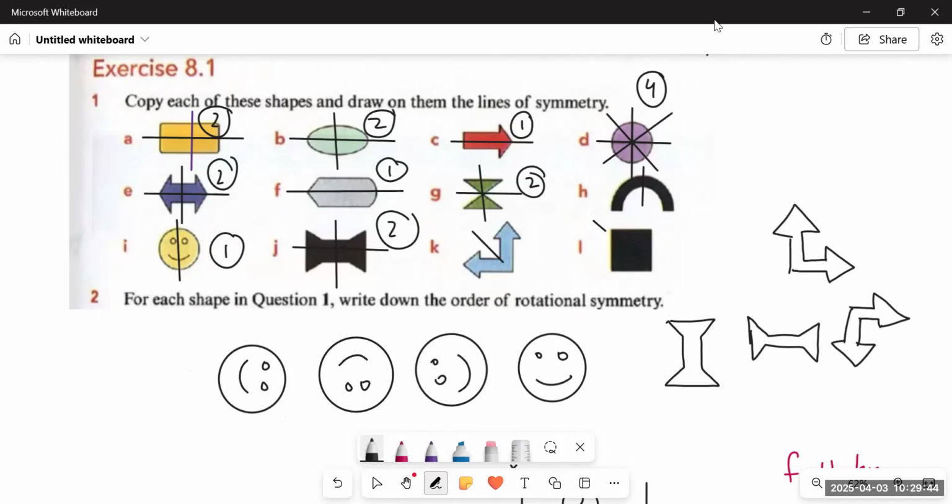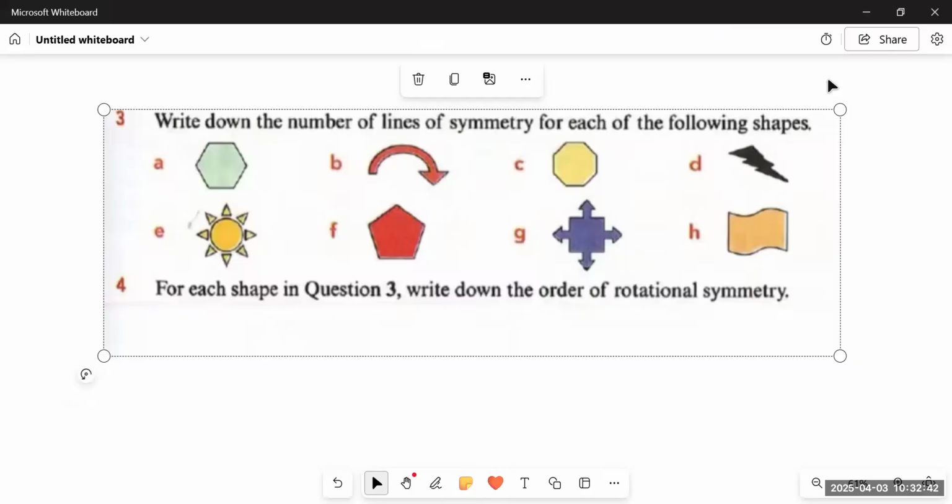And then it's going to look like this. In the third turn, and at the end, it's going to look the same as before. So it has order 1 rotational symmetry. And then if we talk about part I, since it's a square, a square has order 4 rotational symmetry. That is, in all 4 turns, it will look the same.